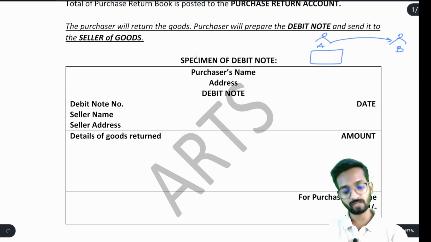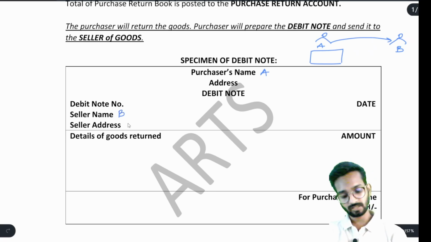Now understand how the debit note is prepared. This is a specimen, just a format of a debit note. The purchaser's name, whose name will come here? A's name, his address, then he will mention the debit note number, or you can just write debit note. Then the seller's name. Who is the seller here?